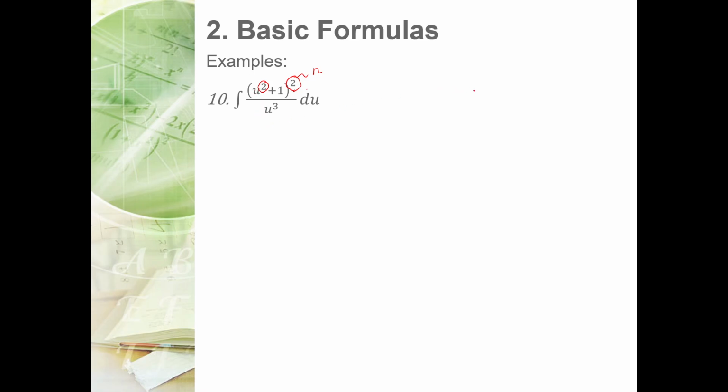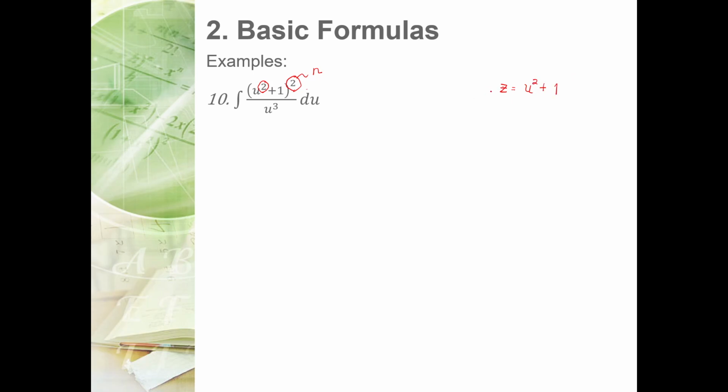So again, your u parameter is u squared. So let's try z, because the given equation is u. So instead of u substitution, let's call it the z substitution for this problem. So z equals u squared plus 1.